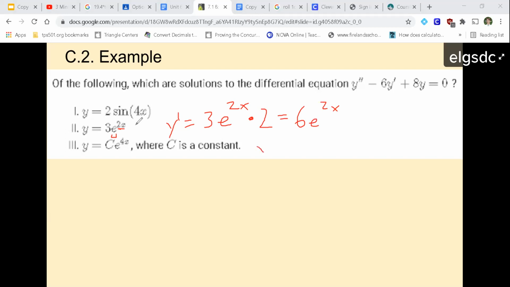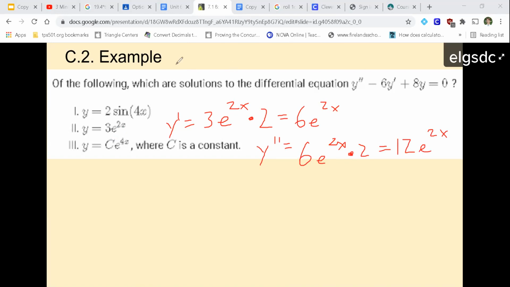The second derivative of that, again, is the chain rule. Derivative of the outside, e is e, multiplied by the derivative of the inside, derivative of 2x is 2, gives us 12e to the 2x. So first step, take the derivative. We did.